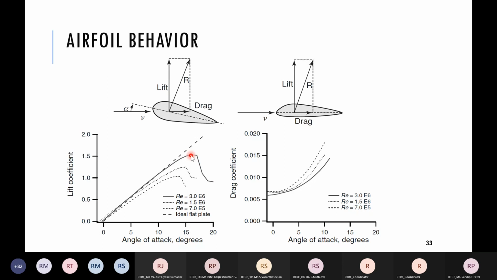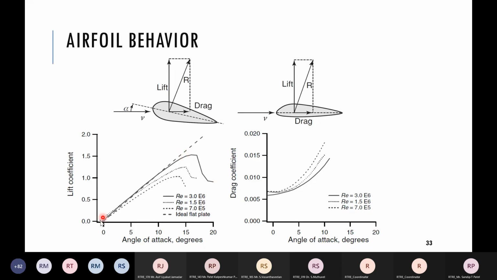So for example, if we take this solid line, Reynolds number 3 into 10⁶, then after approximately 15-degree angle of attack, the loss of lift occurs. Fine.